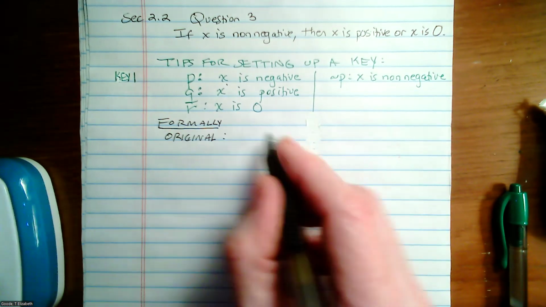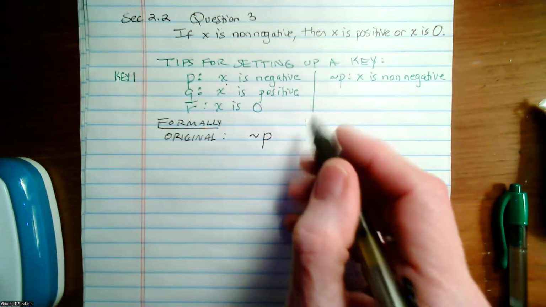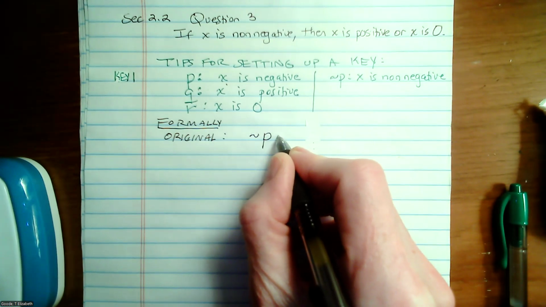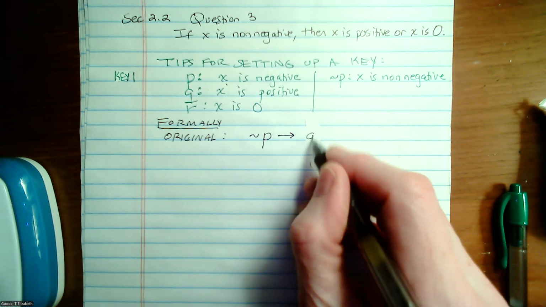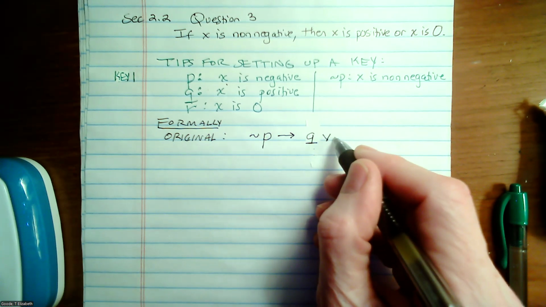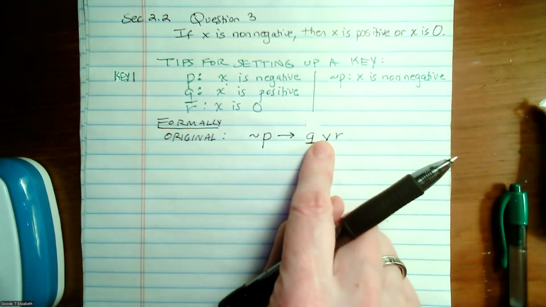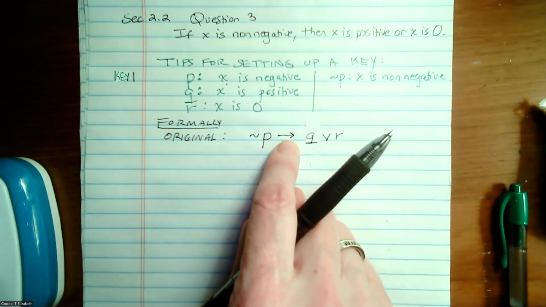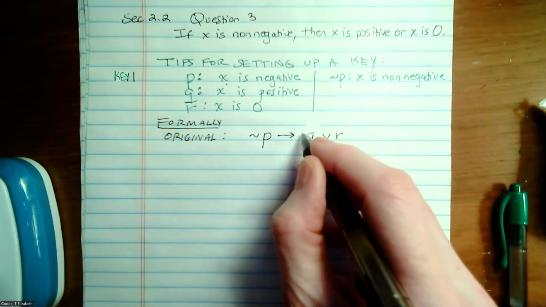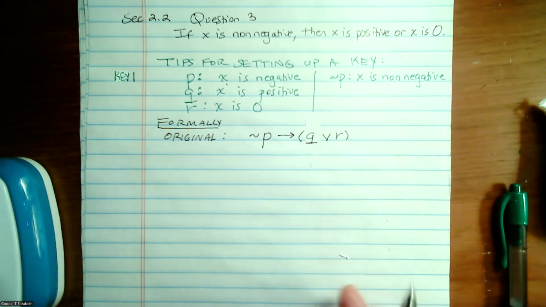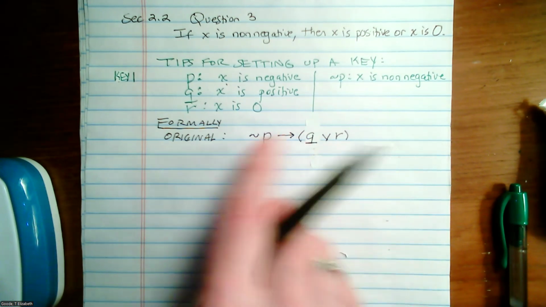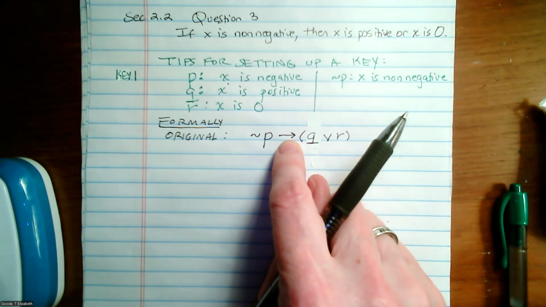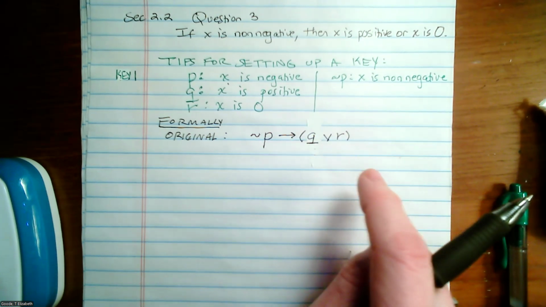We would negate P. Yes, if not P, then Q or R. And since the or gets executed before the arrow, we don't need parentheses, but I'll put them there. Order of operations tells us this or and this not happen first, and then the if-then happens last. But it doesn't hurt to put parentheses.